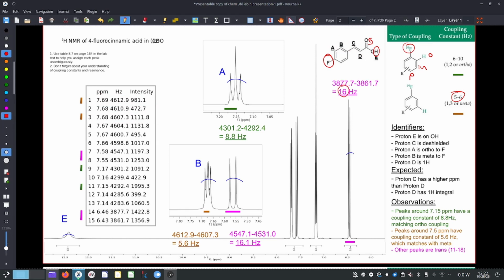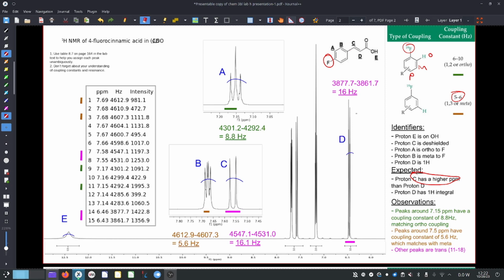So 16 falls within that range. We can pretty much say that these two peaks, the ones marked in pink, belong to that alkene. And because we've said earlier that proton C is deshielded and has higher ppm, we will assign the one on the left as C, then the last one as D.